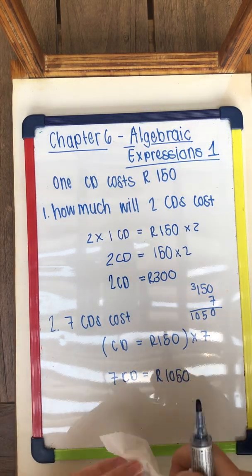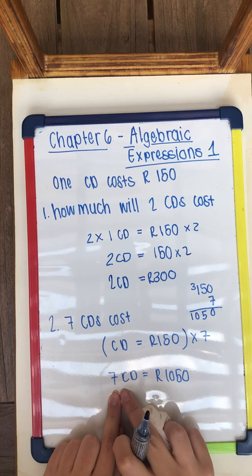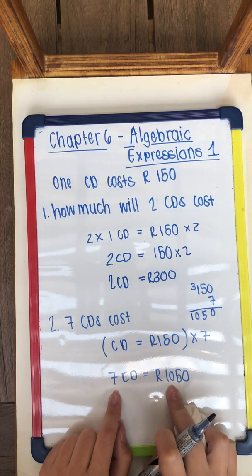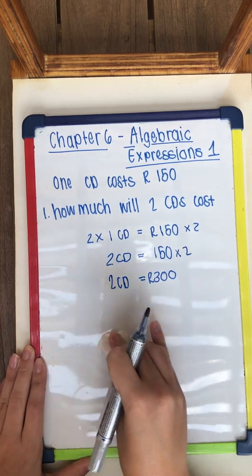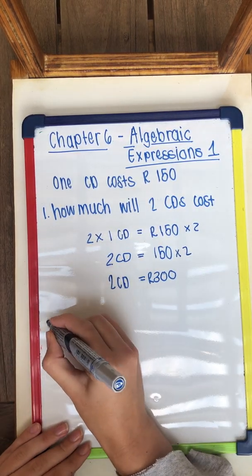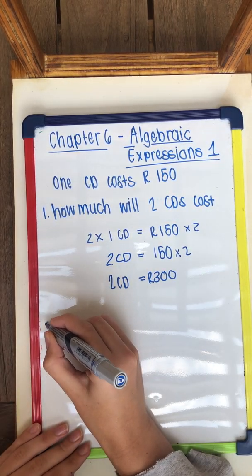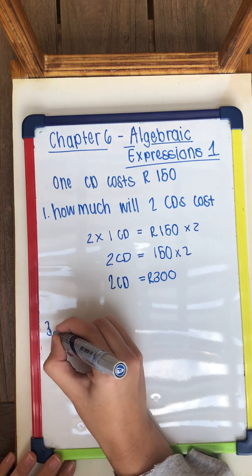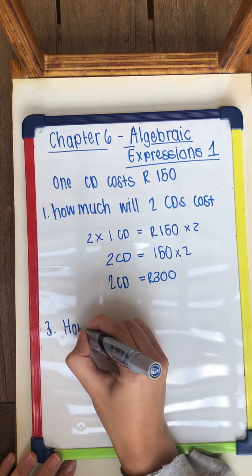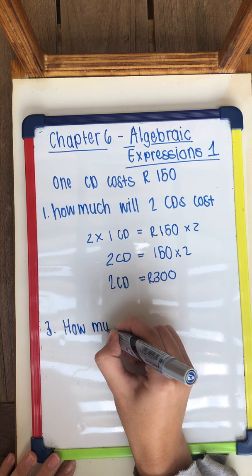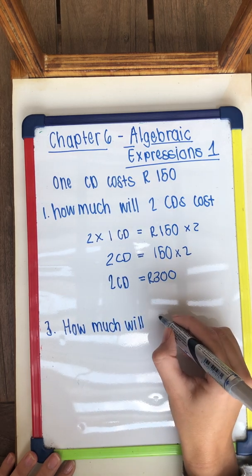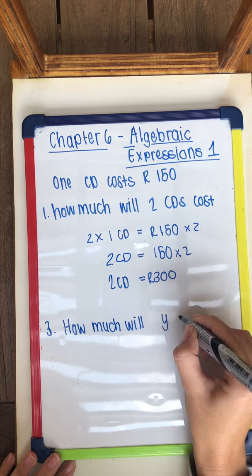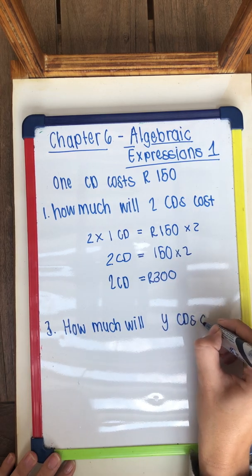Now this is fine because we've got numbers, but what happens if I've got, let's say this is number 3, how much will y CDs cost?